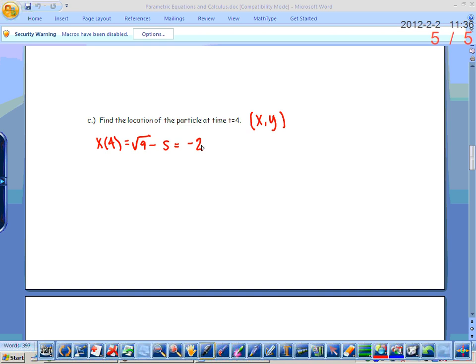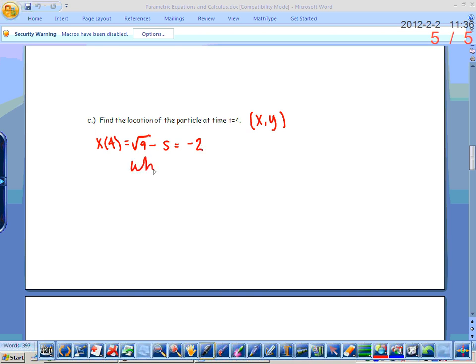Okay, now I want to find y of 4, but 4 is a t value, and my y equation is in terms of what? X. Good. You could plug the x into y of x.